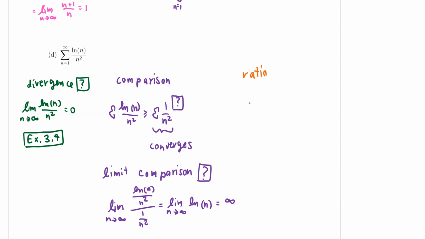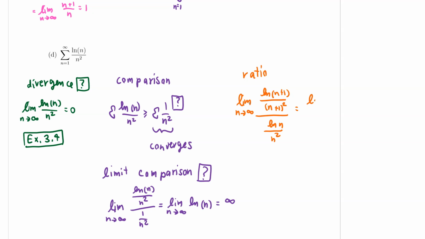I'm going to compute the limit of a sub n+1 over a sub n. So that is going to be log of (n+1) over (n+1) squared, over log of n over n squared.